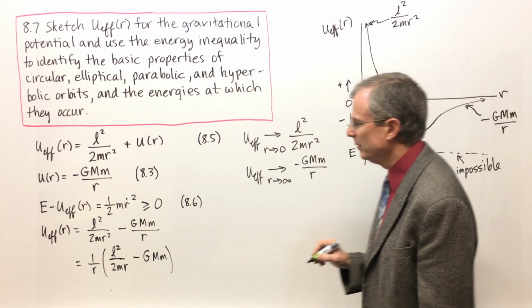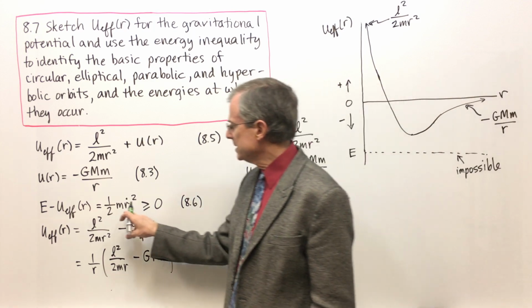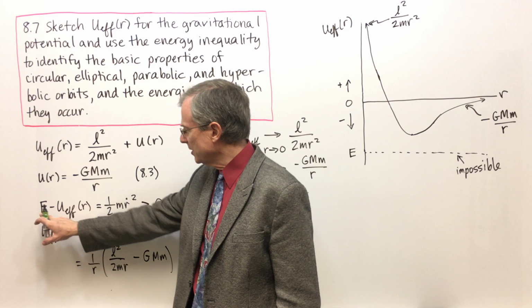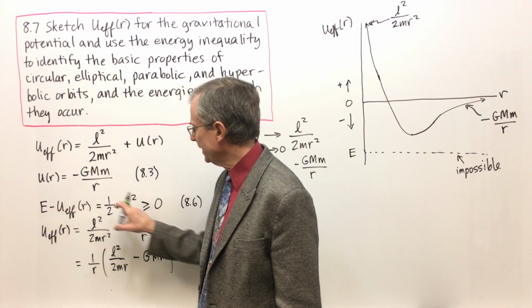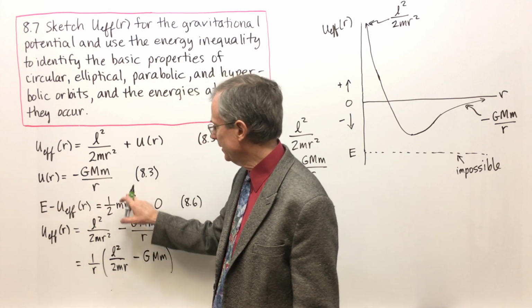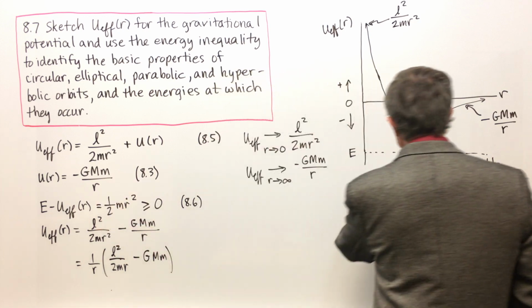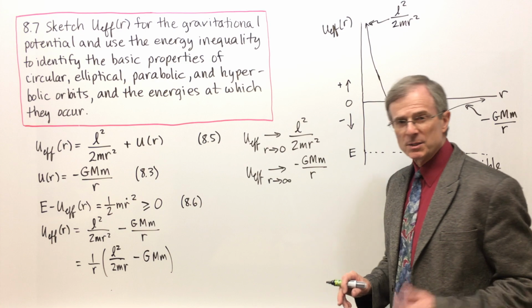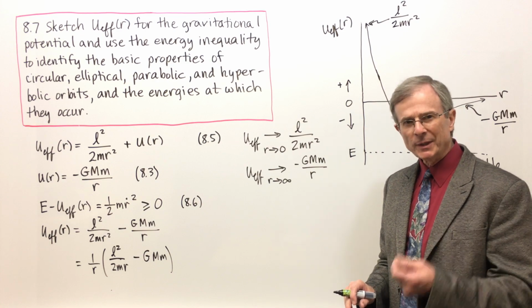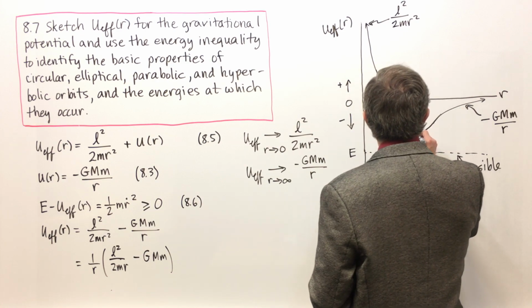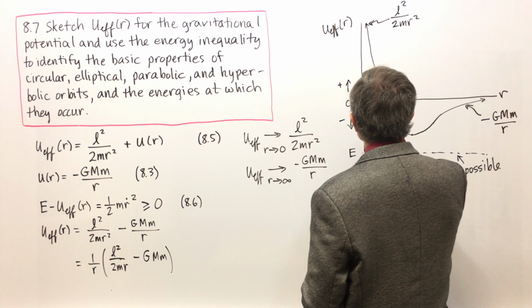And just as a reminder of why it's impossible, if E is less than U effective, this number would be negative, but that number can't be negative because it has to be positive definite. So that's an impossible orbit. What's the smallest value of E for which we can get a legal orbit? Well, you might say, what about this one?